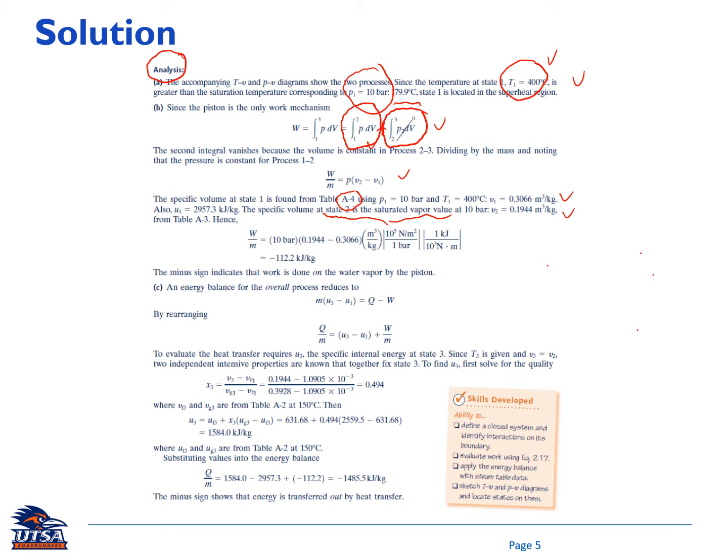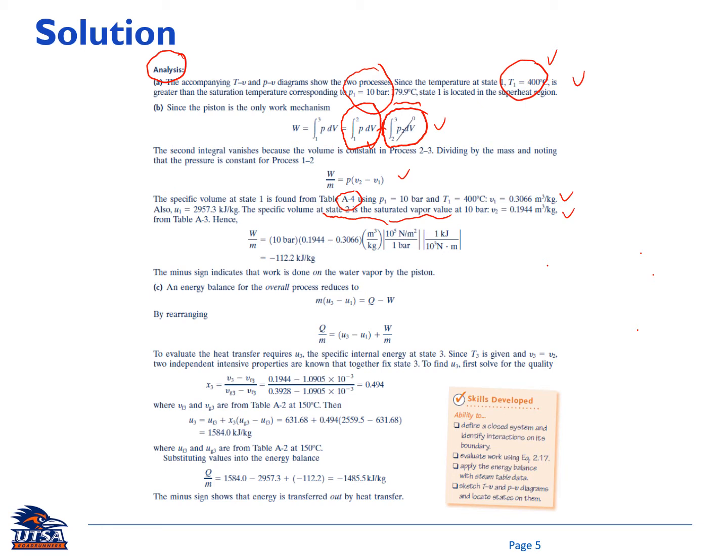and you will get this number. So you have all the numbers, and the equation I believe is in kilojoule per kilogram. Therefore you might need to convert this bar into Pascal first, and then you will get the unit in joule, and then you divide by 1000 to get the result in kilojoule per kilogram.